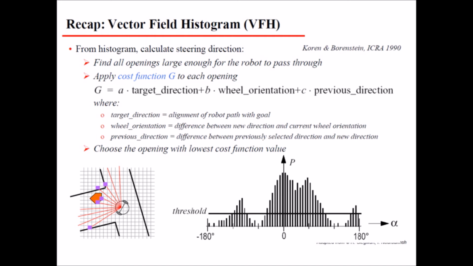We can set these depending on a heuristic method. So A times the target direction, plus B times the wheel orientation, and then C times the previous direction. This is the cost function that will be used in order to generate the optimal direction to let the robot move to the next stage.